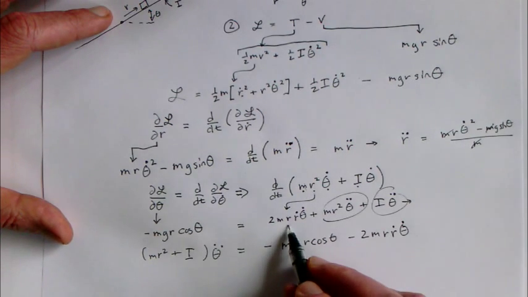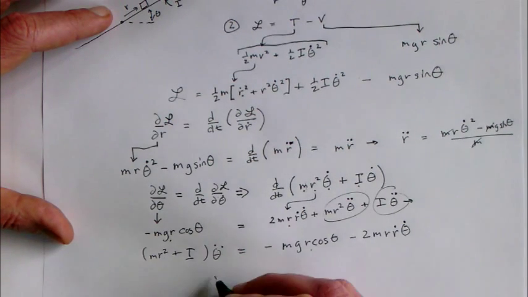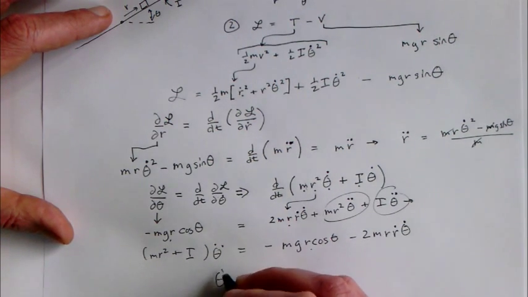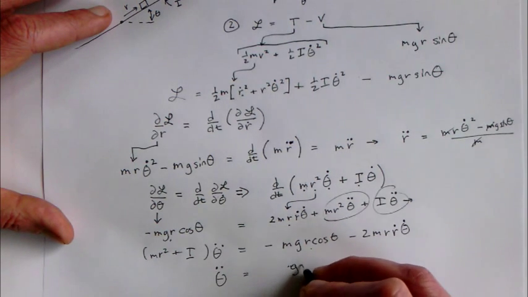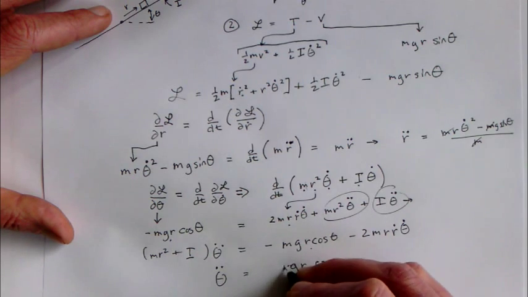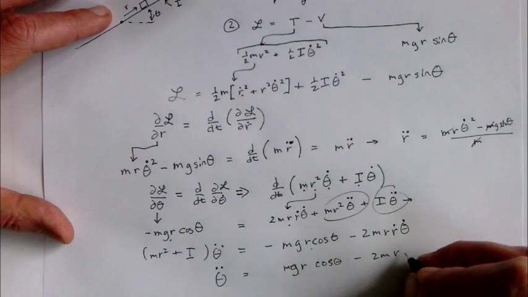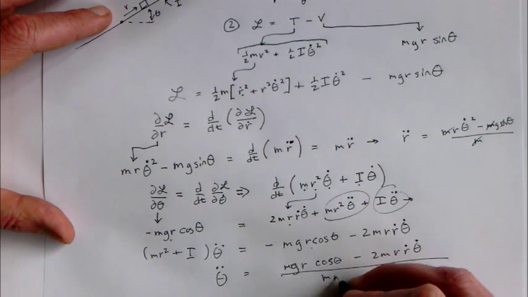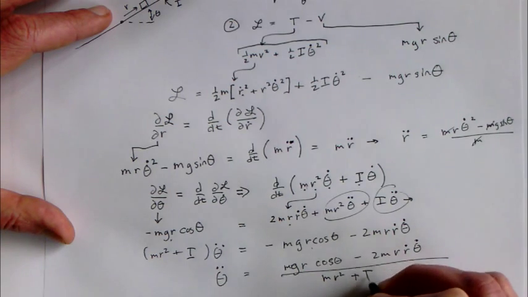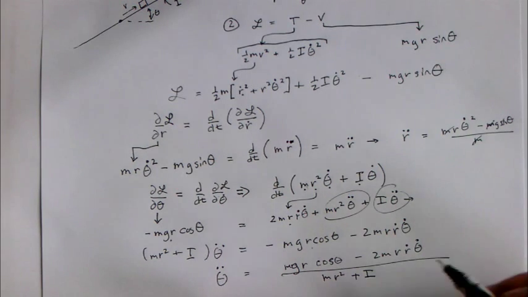So that's that term moved over here, and this term, right? Or in other words, theta double dot is equal to minus mgr cosine theta minus 2mr times r dot times theta dot, all divided by mr squared plus I.